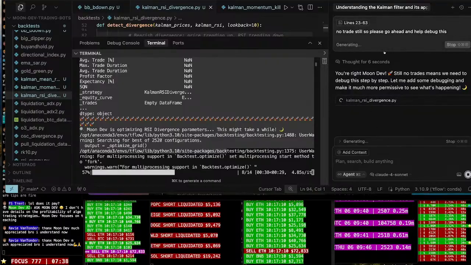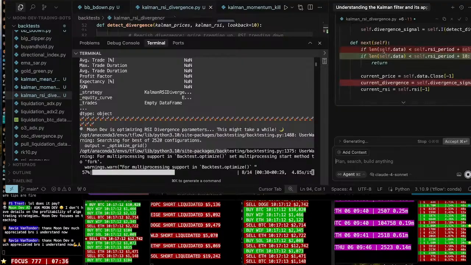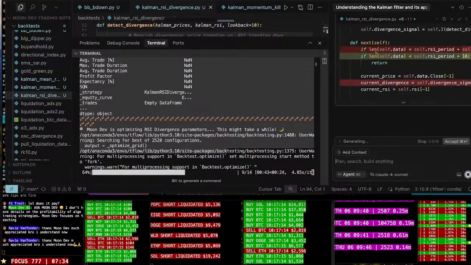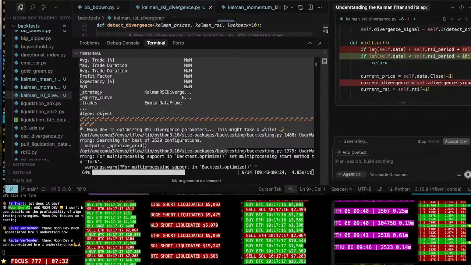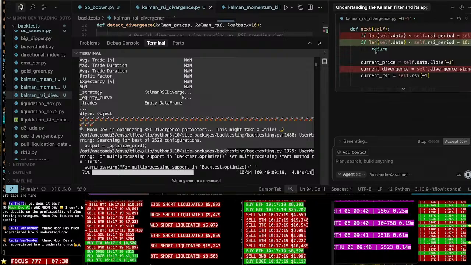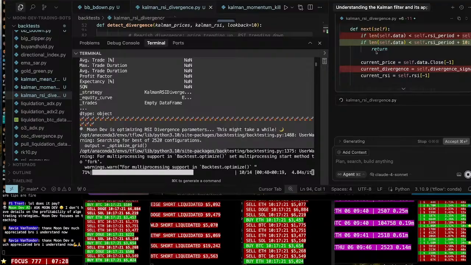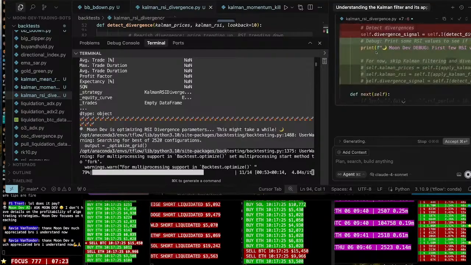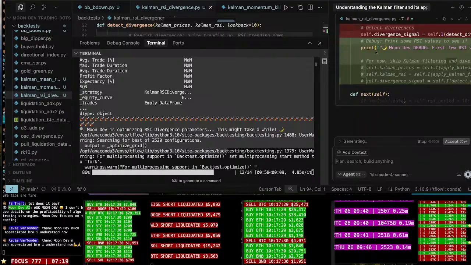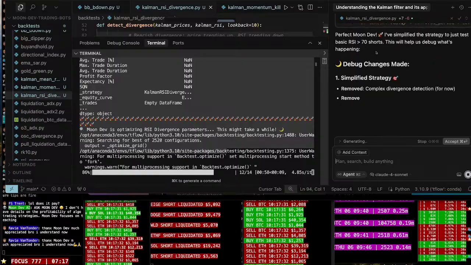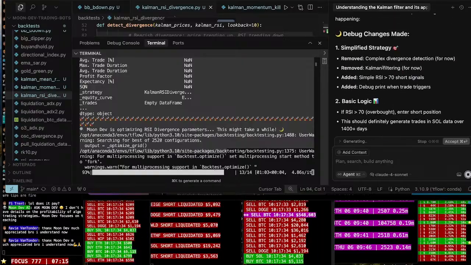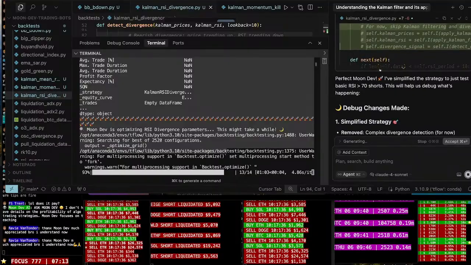Still no trades means we need to debug this step by step. Please, please, please. Perfect, Moondev.